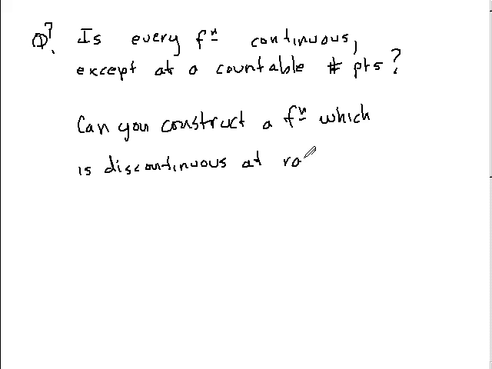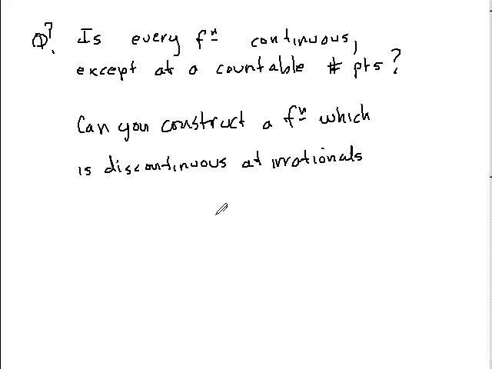Or say irrationals. In other words, can it jump around so that between any two irrationals arbitrarily close, it oscillates incredibly fast, so you can't actually graph it?